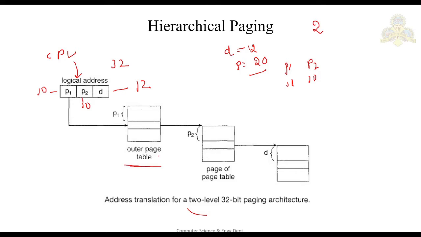This is your outermost page table, and the other one can also be called the inner page table. The outermost we call the outer page table, and the page number generated by p1 is given as an index to the outer page table.